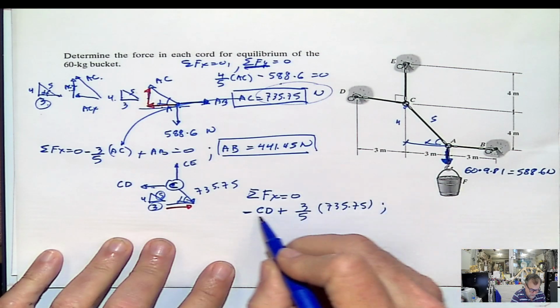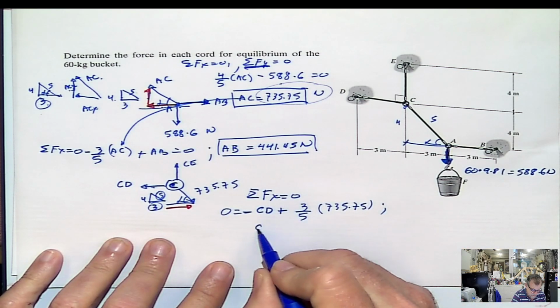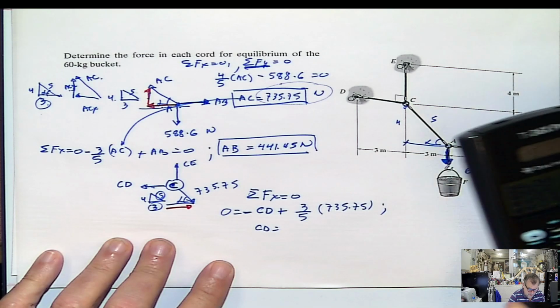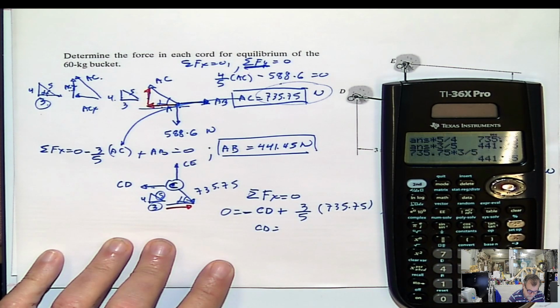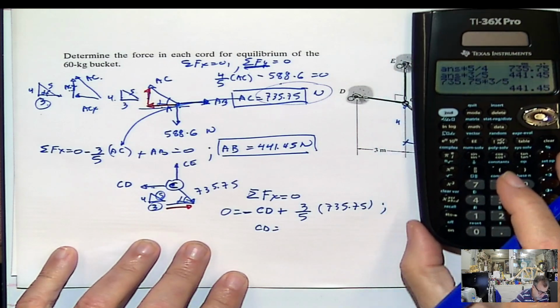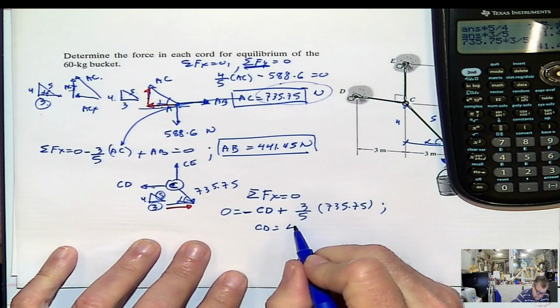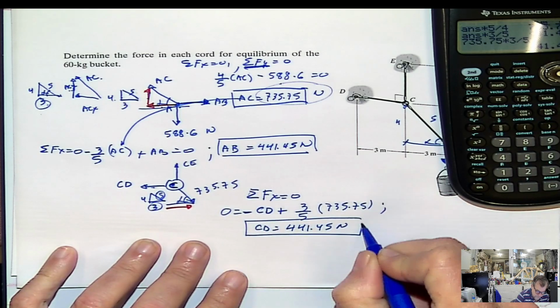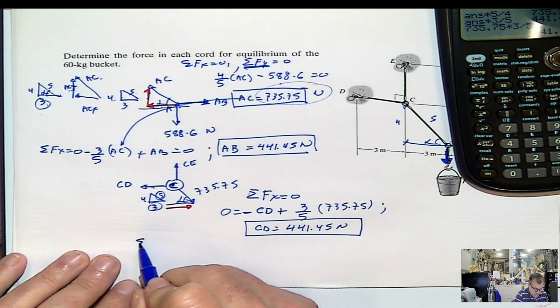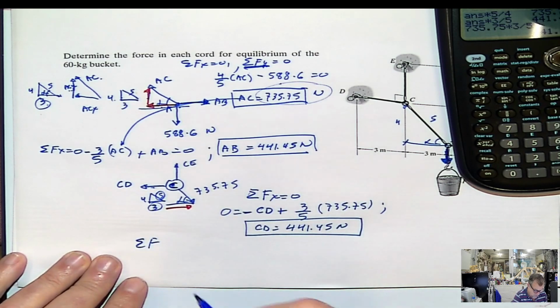Pass CD to the other side, and CD will be 735.75 times 3 divided by 5, 441.45 Newton.